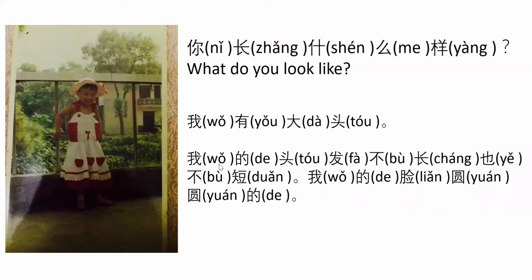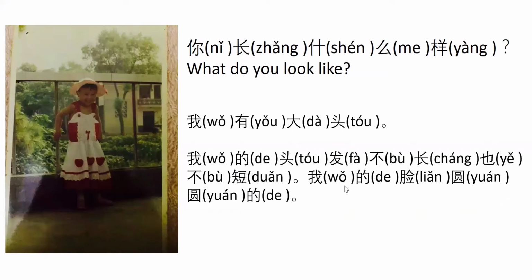Okay, second one. I created 2 sentences for the second sentence pattern. First one, 我的头发不长也不短. My hair is not long, and also not short. This 短 here means short in length, not short in height.